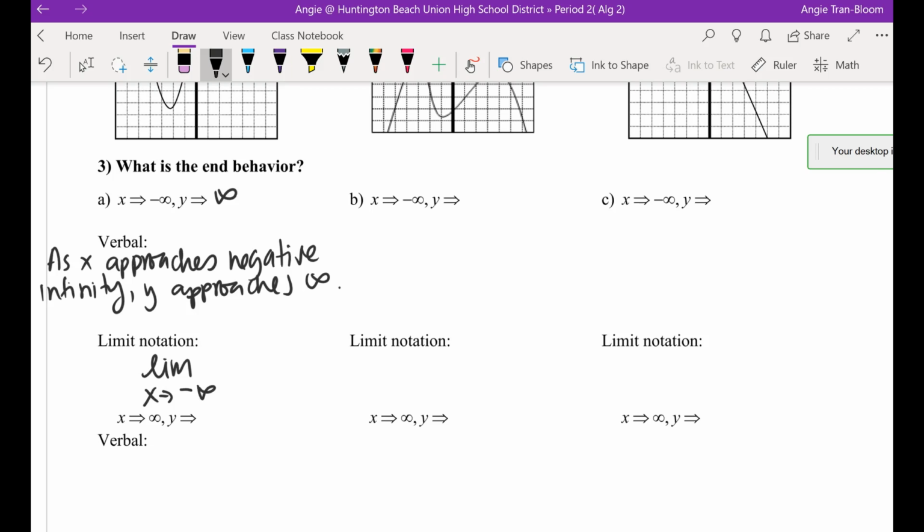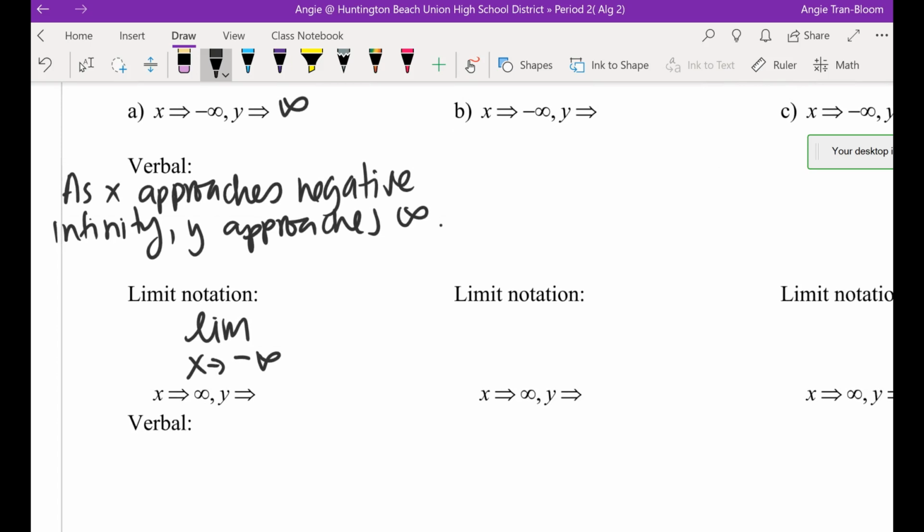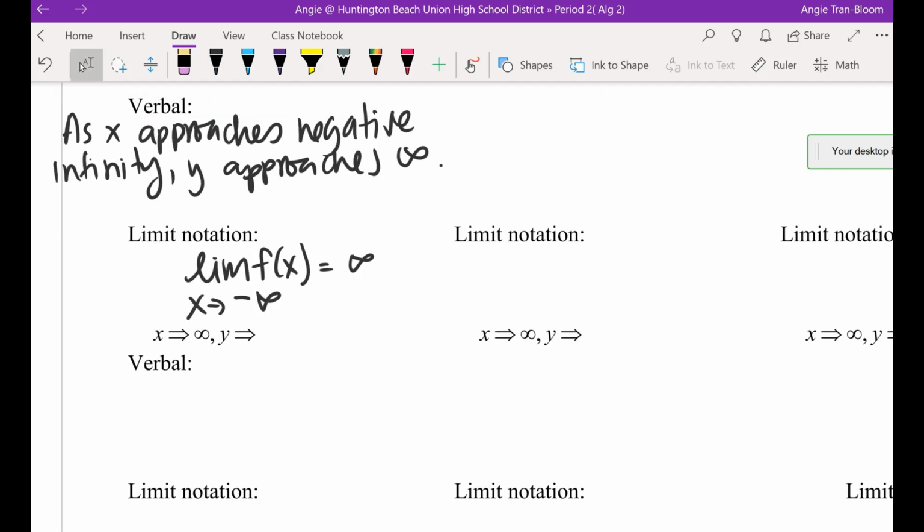It didn't give you an equation, but that doesn't matter. I can still use f of x, and then that equals infinity. On the bottom, verbally, what do we say for this?